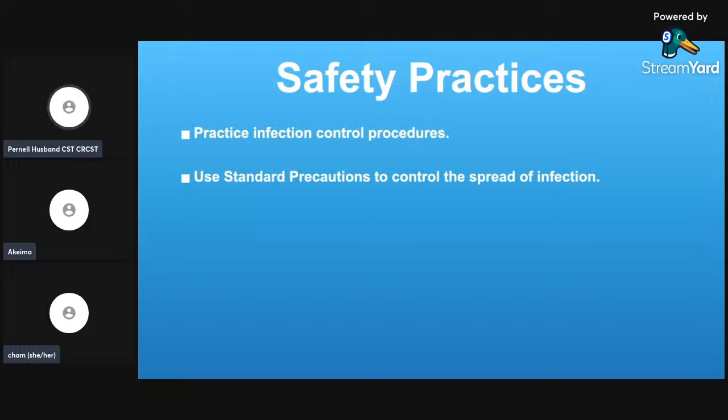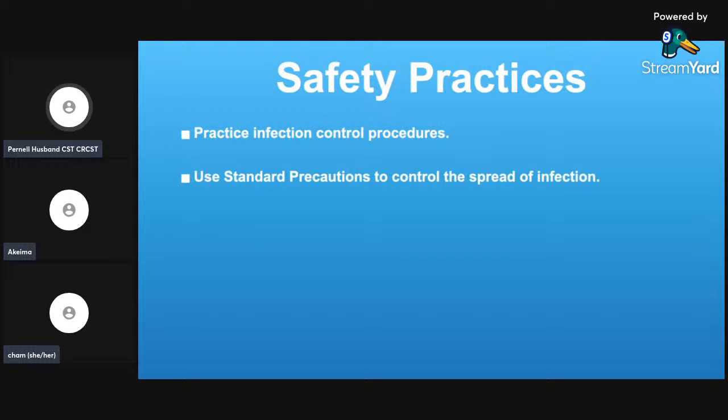Again, it's an environment where people are already compromised, where their immune systems are not operating at their fullest, at their best. So we take infection control very, very seriously, because obviously there could be seriously negative impacts on patients.